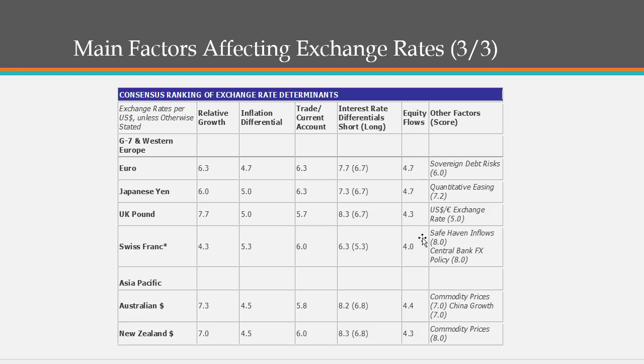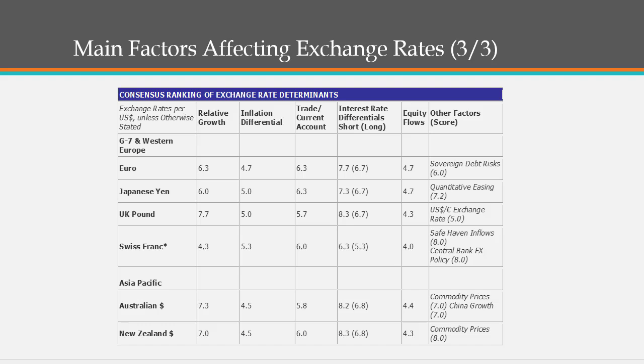And the same thing is happening more or less in other countries when it comes to the currencies. When it comes to the Japanese yen, trade is also very important. The trade and the current account, and again the interest rate differentials, but less than Europe. When it comes to the UK, you see here that growth plays a stronger role compared to the euro area or to Japan. Let me try to explain this in simpler terms.